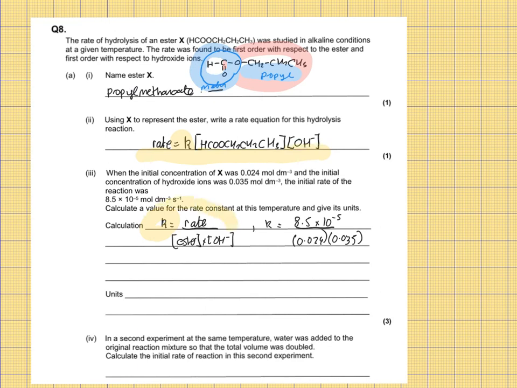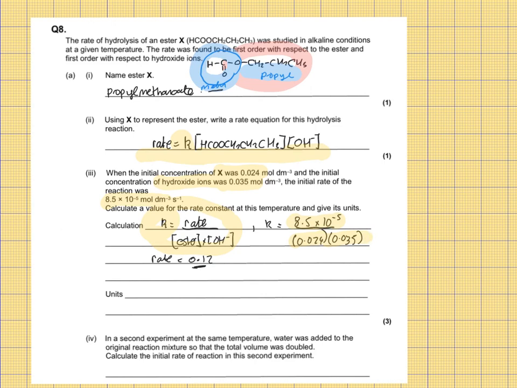So here's our rearranged rate equation. We then substitute the values. The initial rate is 8.5 times 10 to the minus 5. The concentration of the ester is 0.24, and the concentration of the hydroxide ions is 0.35.